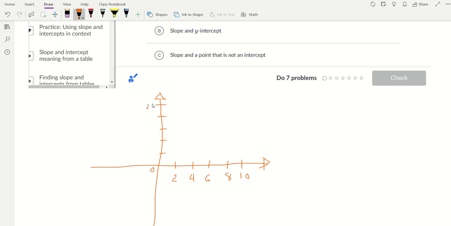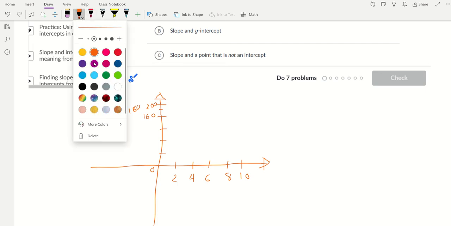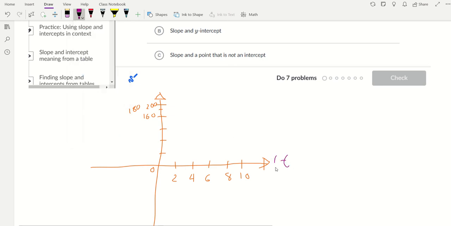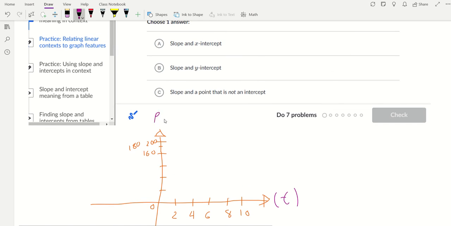So 200 here, 160 here, so 180 is going to be somewhere here. That's just to have an idea. This is not in scale, but just to have an idea. I'm going to choose a different color here. All right, so here this will be the time, and this will be pages.